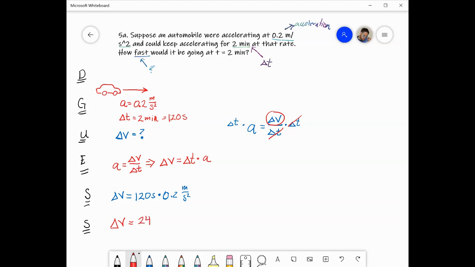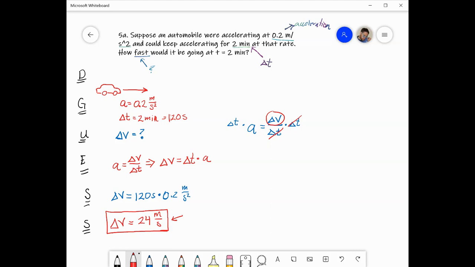Meters per second squared times seconds leaves us in the units of velocity, which is meters per second. So my final answer here is in meters per second. And this is my change in velocity based on that acceleration for 2 minutes. This is my answer, and this is what I would write down in the form.